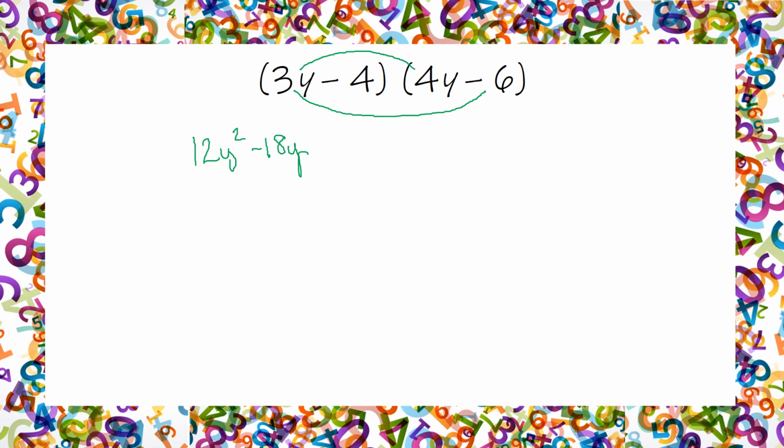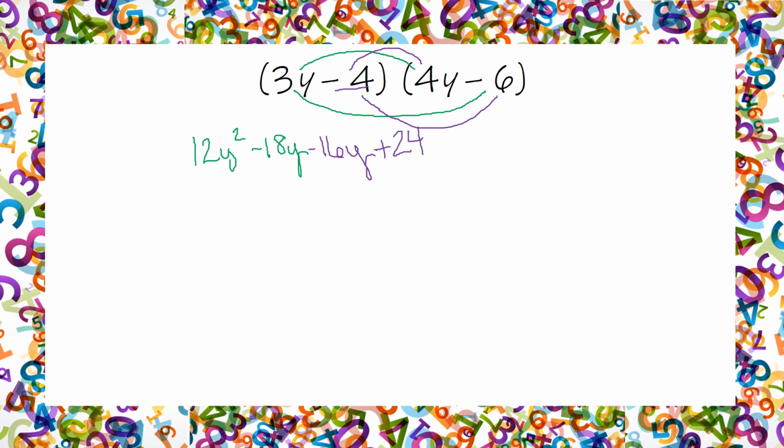Now I'm going to change colors, and I've got negative 4 here. Negative 4 times 4 would be negative 16, and the y just hangs around. And then negative 4 times negative 6, negative times a negative is a positive 24.